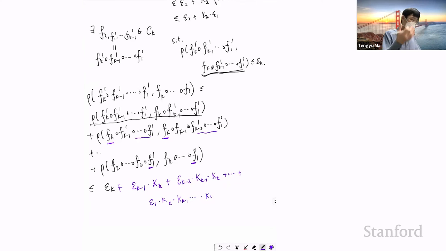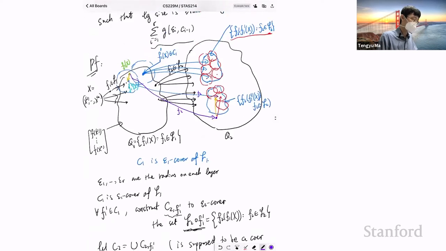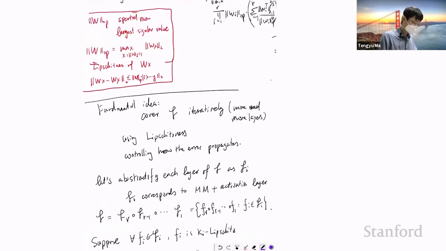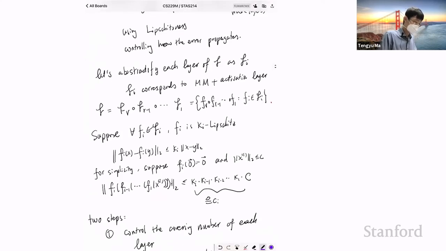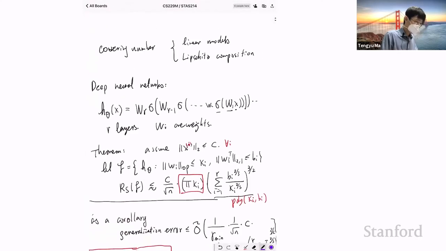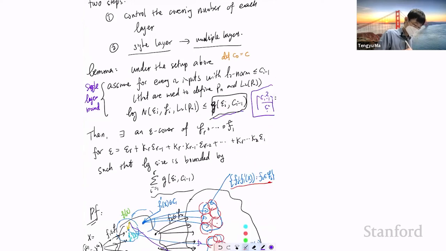So if you take k to be r, then you get the eventual thing. The eventual theorem is that the radius for the final covering is something like this. So that's eventually what you got.